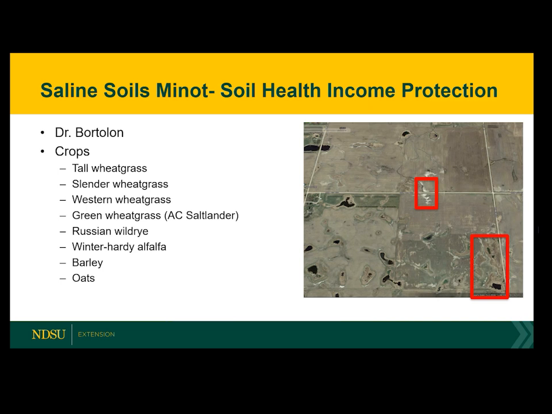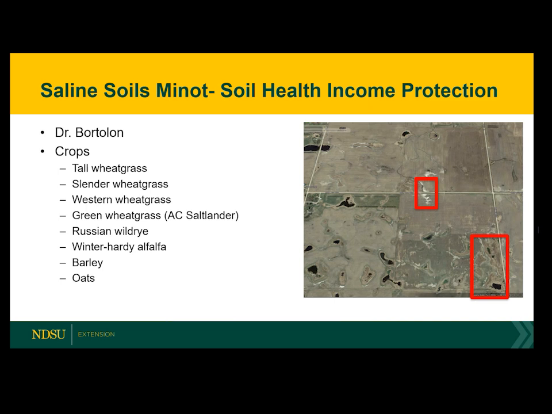And then this mix was developed by Mr. Kalwar. Naeem has tall wheatgrass, slender wheatgrass, western wheatgrass, green wheatgrass, AC Saltlander, make sure it's a salt tolerant variety, Russian wild rye. And then we put winter hardy alfalfa. Sometimes people go in their second year planting this on these areas. So what we do is we go in, we make this, we square it off. We have this as the most affected area, and then we plant these species in there.